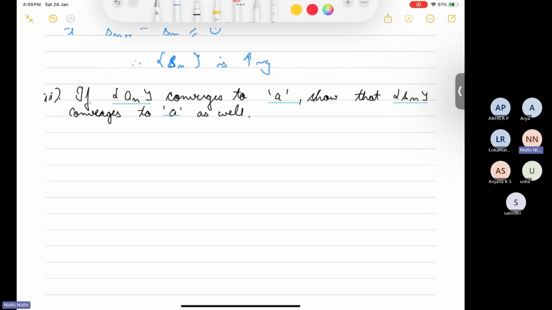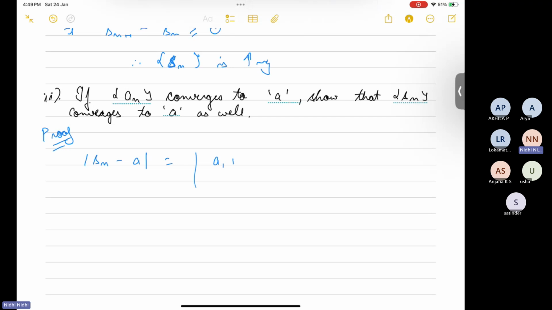So again, we'll start with mod Sn minus A and try to show that this will be less than epsilon. Now mod Sn minus A, by definition, is mod of (a1 plus a2 up till an) upon n minus A, which is mod of (a1 plus a2 plus ... an minus n A) upon n.